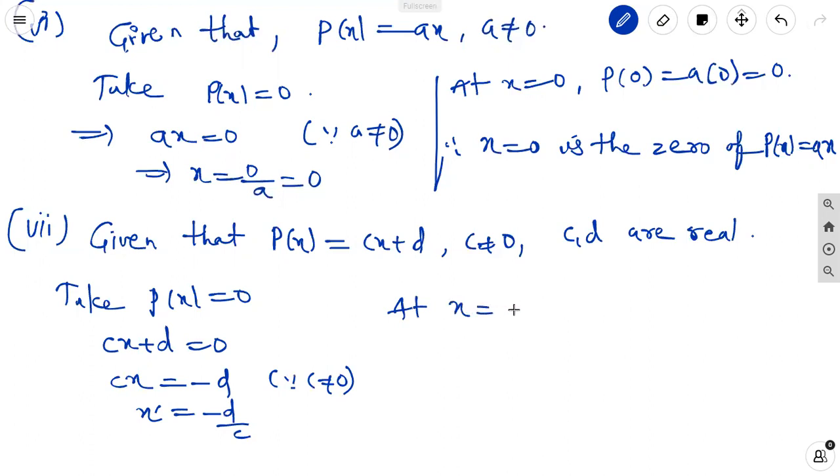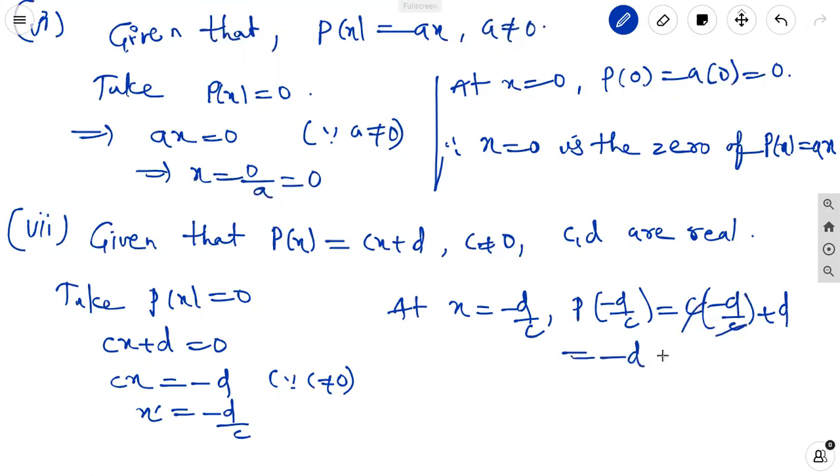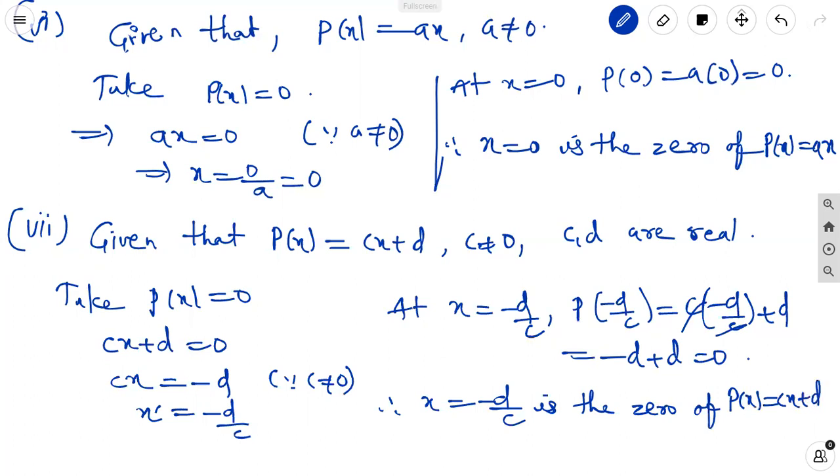At x equal to minus d by c, the polynomial value p of minus d by c equal to c into minus d by c plus d. It is equal to minus d plus d equal to 0. Therefore, x equal to minus d by c is the 0 of p of x equal to cx plus d. These are the zeros for the different polynomials.